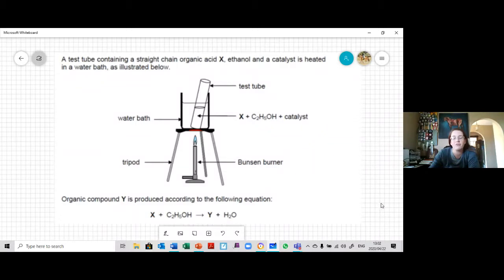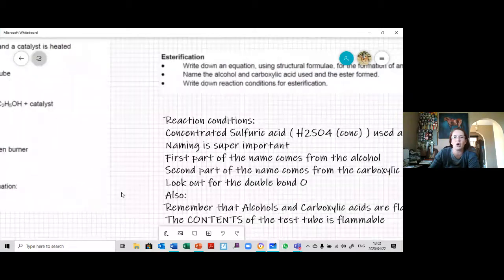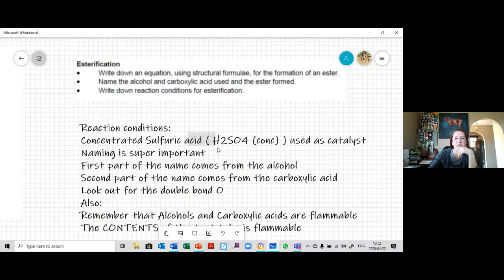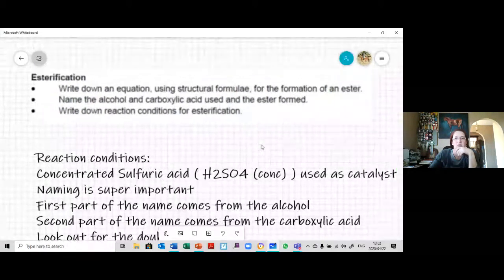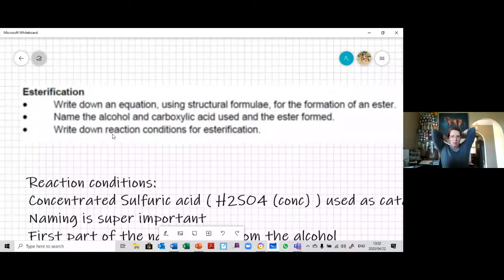Before we do that, we have to go and look at the important concepts. So, esterification, that top little block that you see, I'm going to zoom it in a little bit. Esterification, you have to be able to write down the equation, use structural formula for the formation of esters.